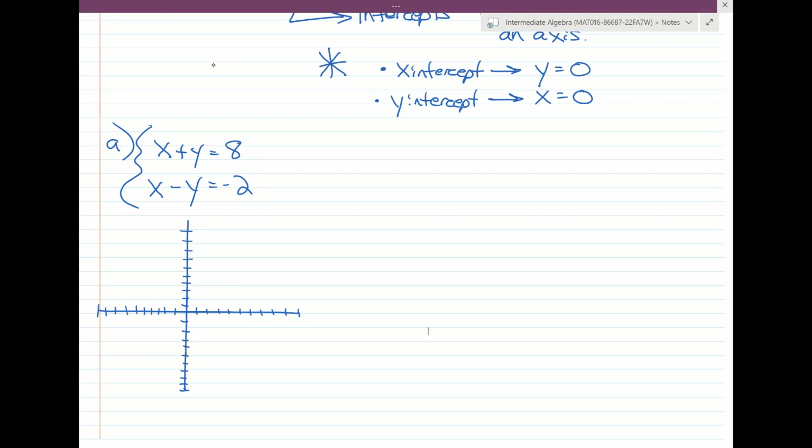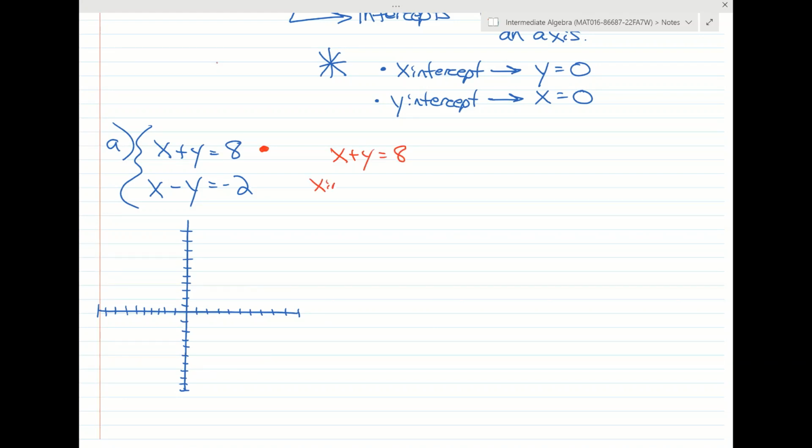So I'll graph this line in red. The easiest way to graph that, to get the x-intercept, all you have to do is put 0 in for y. So we just get x is 8.